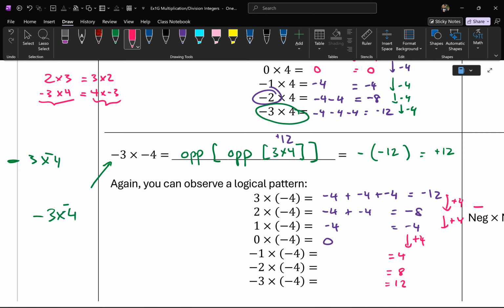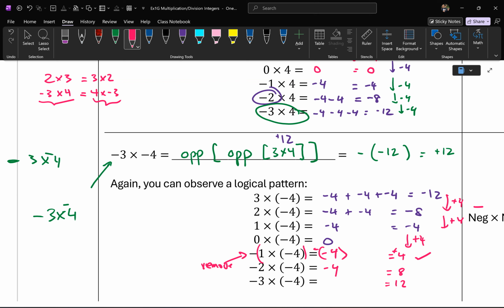If I remove your debt, so write this in if it helps you, this means remove or opposite. Instead of you owing me money, so the opposite of 1 day of loss of money. So this is how much you would have got, but me putting a negative in front of it means opposite of that. I'm removing that. I'm removing your debt. But if I remove your debt, you get positive $4.